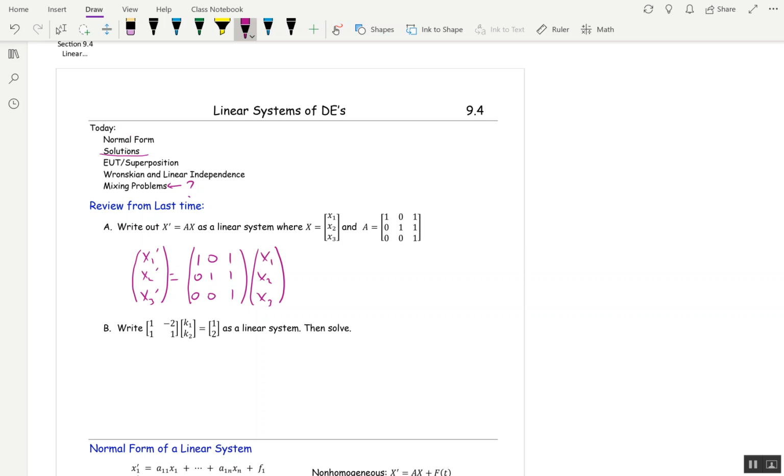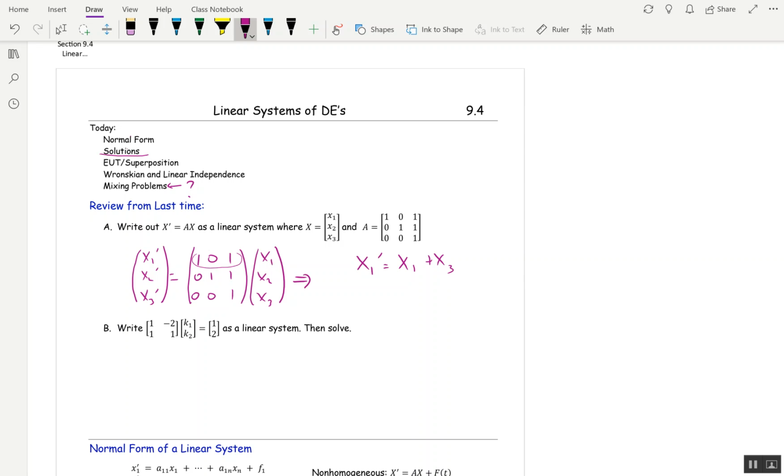All right, and to write that as a linear system of three equations, I'm going to multiply this product out. So dot 1, 0, 1 with x1, x2, x3, and our top equation will read x1 prime equals x1 plus x3.